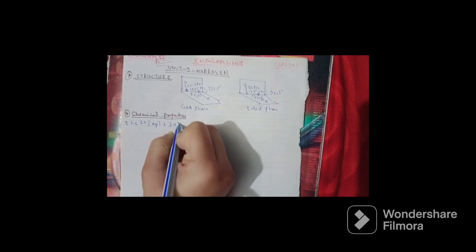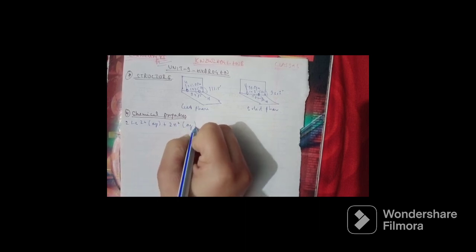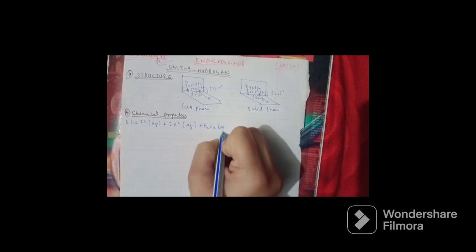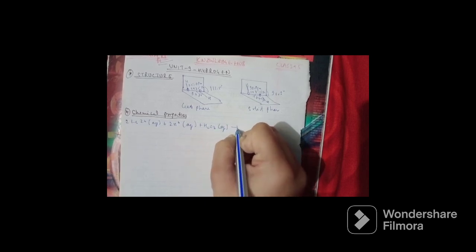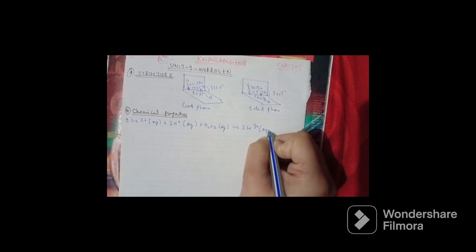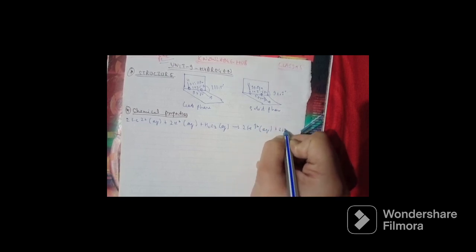The first one is the oxidizing action in acidic medium. So it will be 2Fe2+ aqueous plus 2H+ aqueous plus H2O2 aqueous will give 2Fe3+ aqueous plus 2H2O liquid.